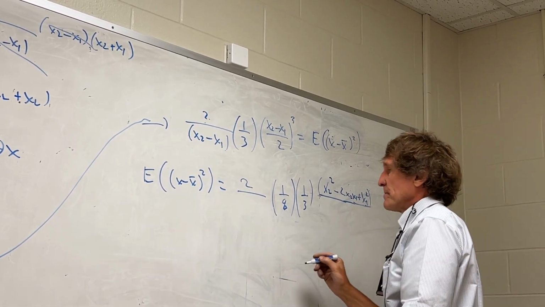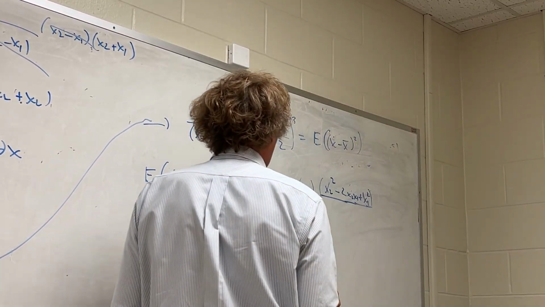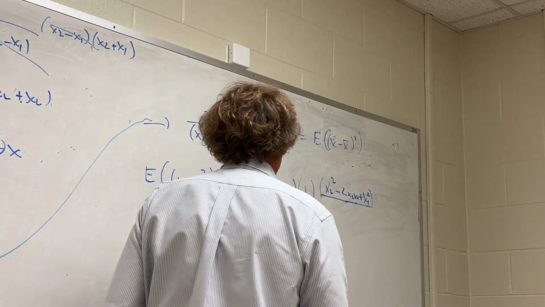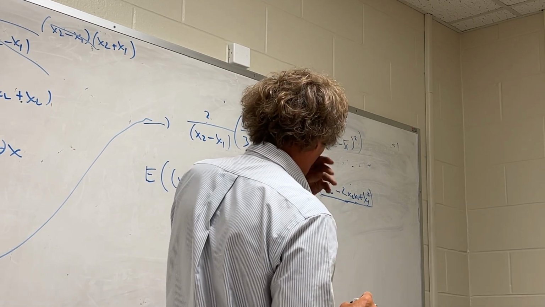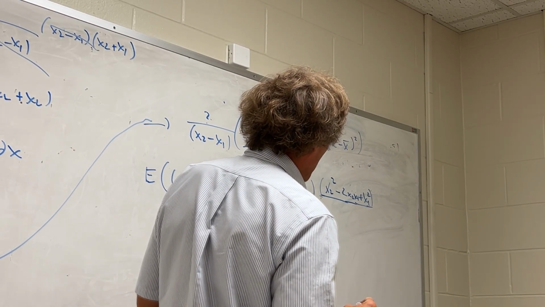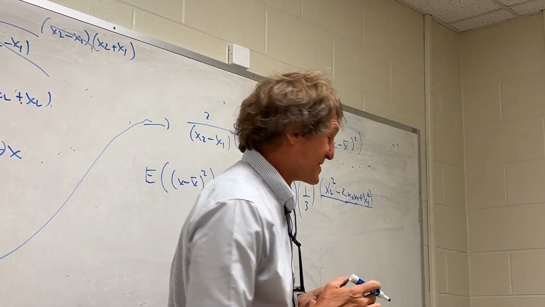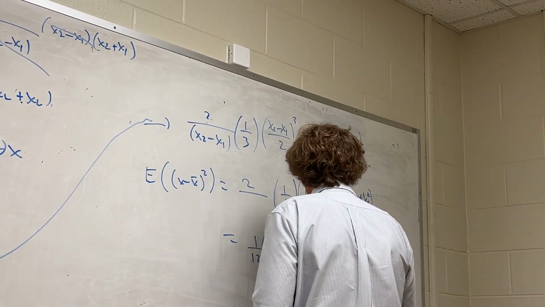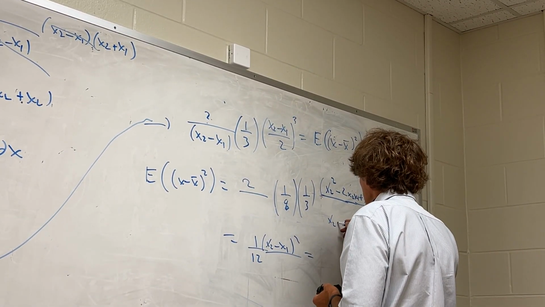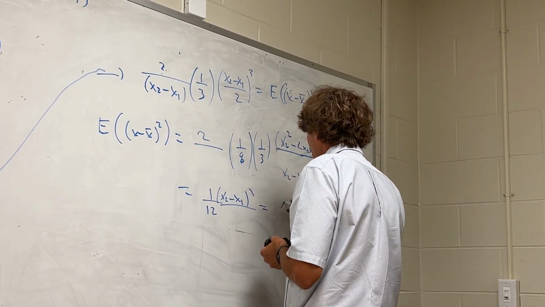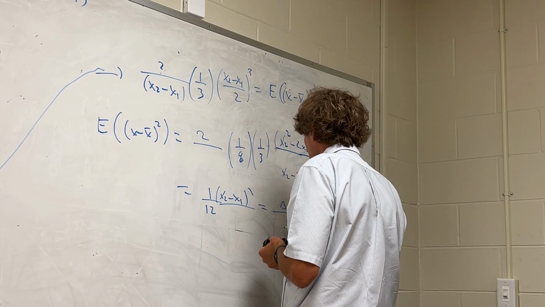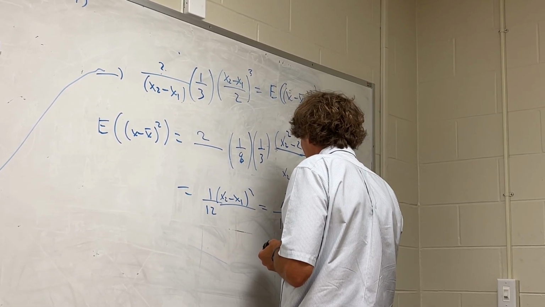That factors, doesn't it? Let's see what we get here. We got 3/24, so you get 1/12, right? And that becomes simply x2 minus x1 squared. He'll call x2 minus x1 delta in the book. So this is really the delta, or the difference in the two, squared, divided by 12.